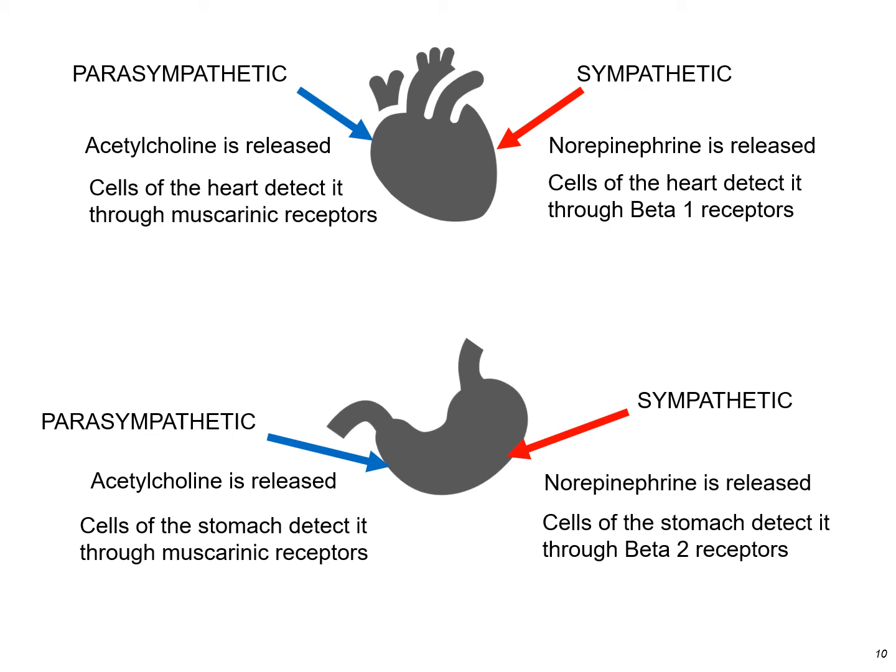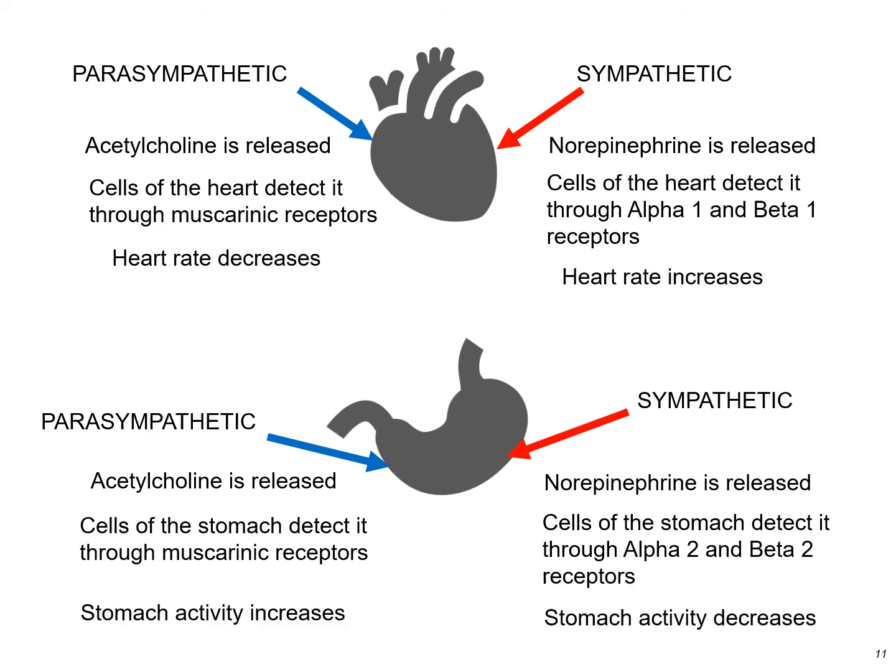How is this happening for the heart and for the stomach? Norepinephrine is released. The cardiac muscle cells and some other cells in the heart have beta 1 and alpha 1 receptors. The stomach has beta 2 and alpha 2 receptors. So the effect of those alpha 1 and beta 1 and alpha 2 and beta 2 receptors is that the heart responds by excitation, heart rate increases.